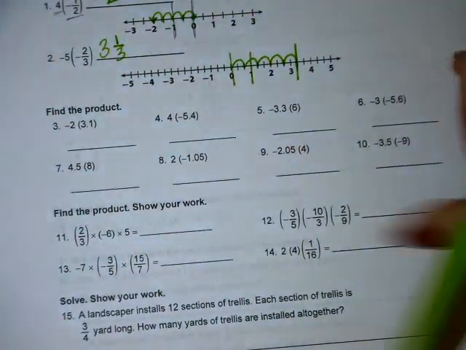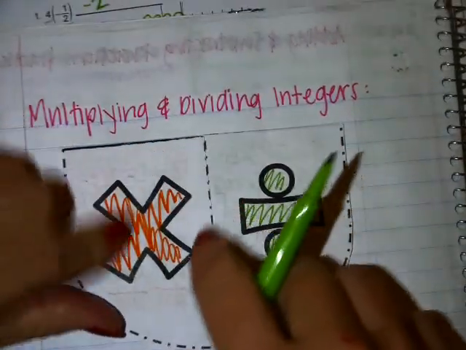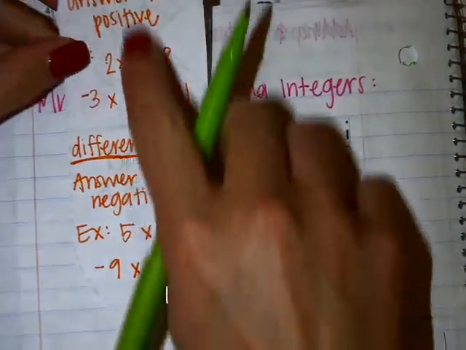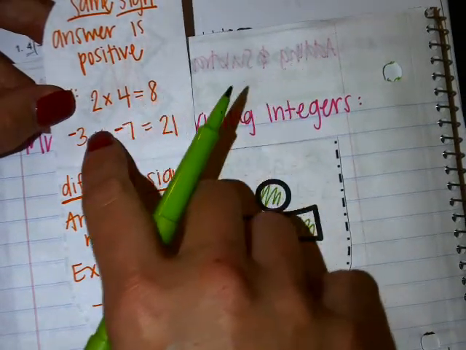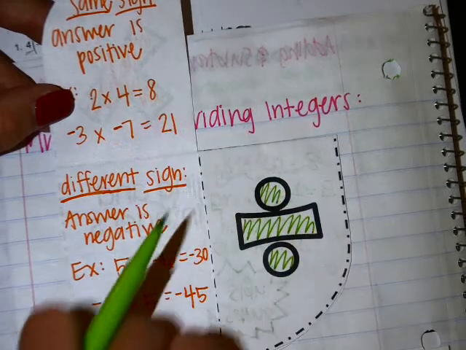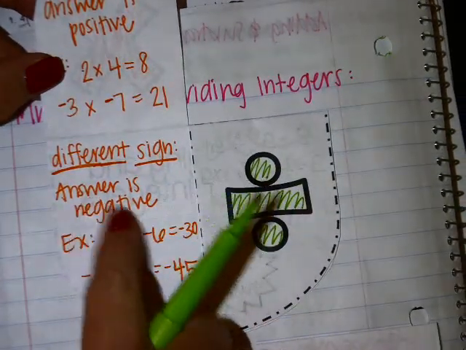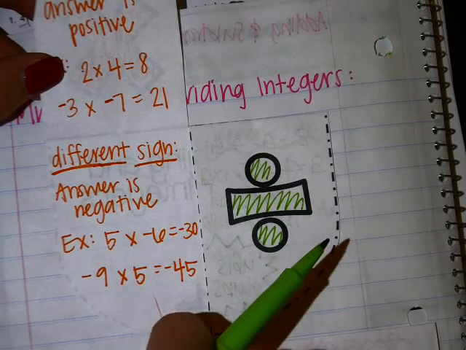Okay, these ones, right away, using my rules, I want to go through and identify before I even work on the math if it's going to be positive or negative. So when you're multiplying the same sign, obviously 2 positives is positive, but if I'm multiplying 2 negatives, my answer comes out positive. Different signs, if just one of them is negative but the other one's positive, it comes out negative.